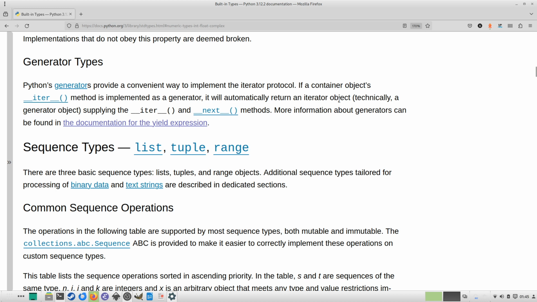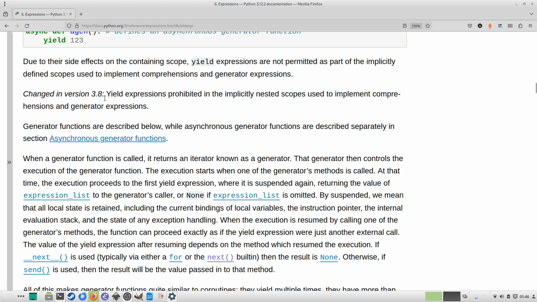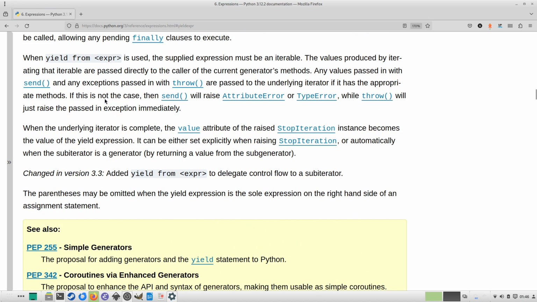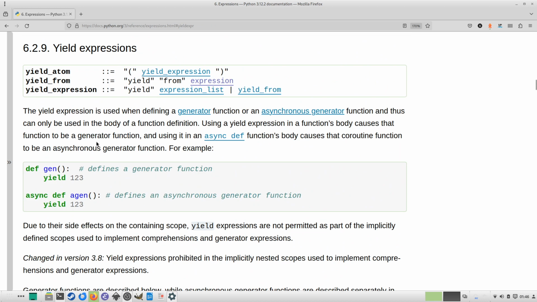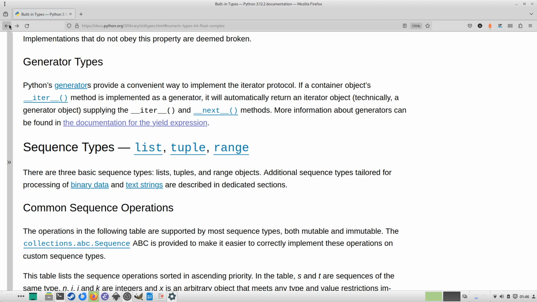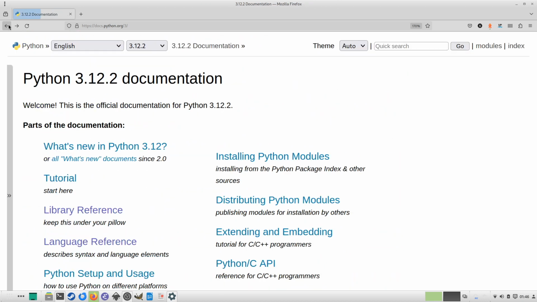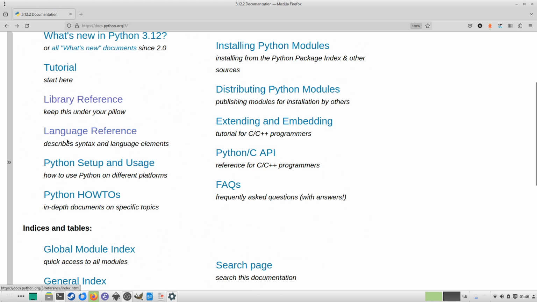So an iterator object is technically a generator object supplying the __iter__ and __next__ methods. More information about generators can be found in the documentation for the yield expression. When we discussed the yield expression, we studied this. So if you want, you can study this in the language description section of the Python documentation. If you want to learn the language, then you should go and study this.